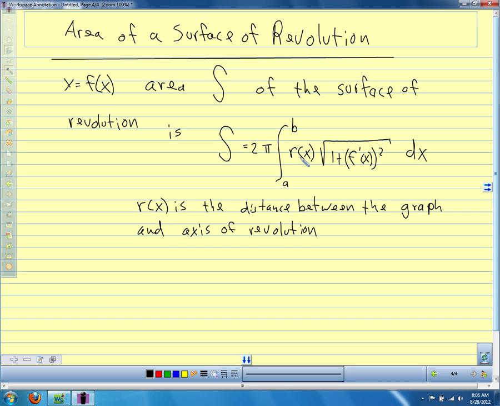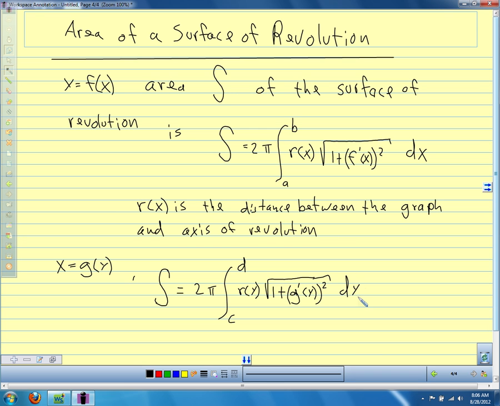If we have our graph as x equals g of y, so we have some function of y, it's the same thing. Our surface area of revolution is just 2 pi, the integral from c to d of r of y times the square root of 1 plus g prime of y squared, dy.